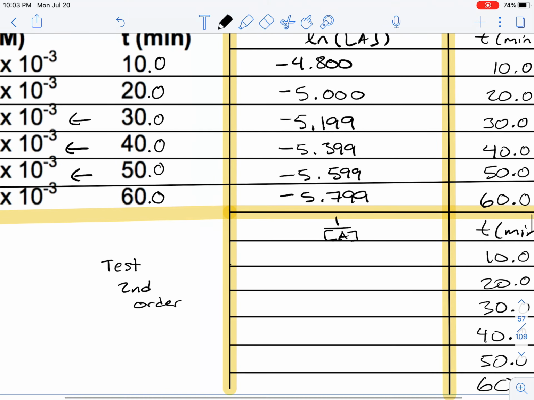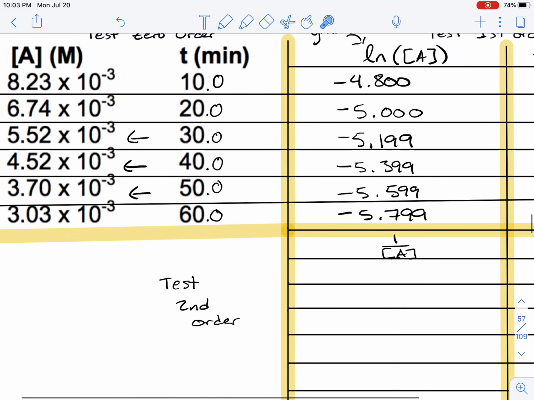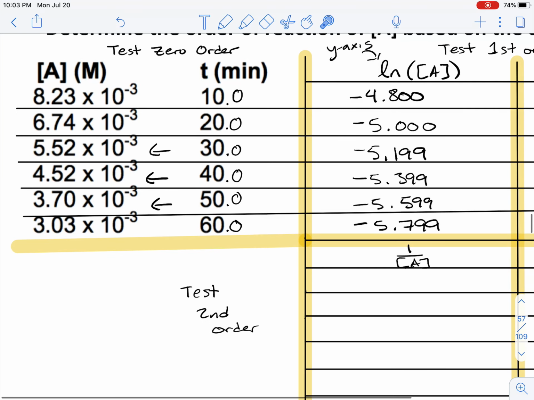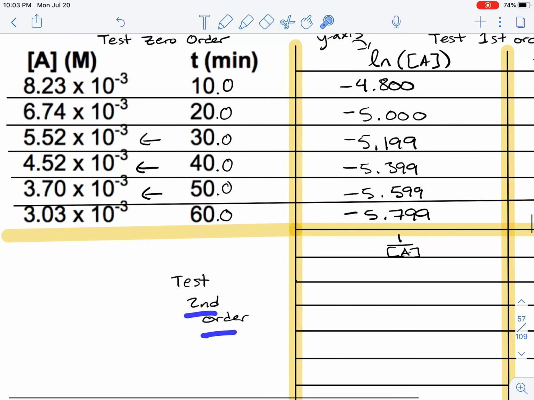And so whenever you guys are manipulating the raw kinetic data and you're trying to fit it for second order, what you're really doing is you're taking 1 and you're dividing it by this value over here. So in this case, it's going to be 1 divided by 8.23 times 10 to the negative 3. And if you plug that into your calculator, the value that you're going to get is going to be 122.